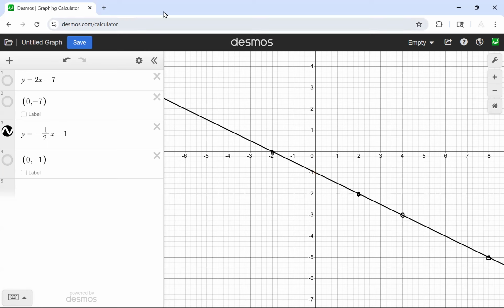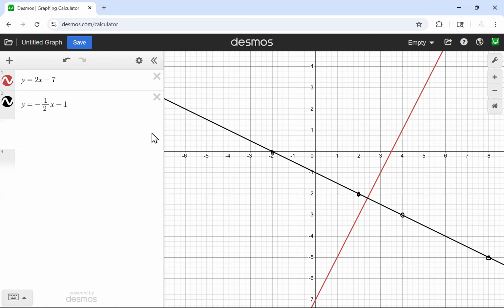Now, that was actually the opposite on our other line from our previous example, y = 2x - 7. The slope was positive, so as I moved left to right, the y values were increasing on that line.